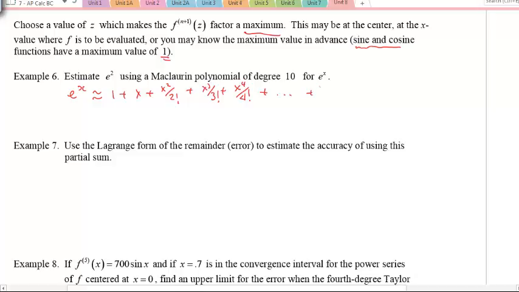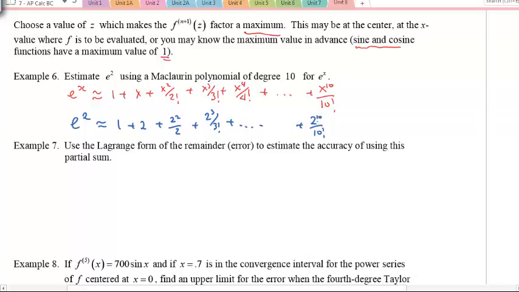Because I want degree 10, I'm going to stop at the power of 10 factorial. I'm going to use this to estimate e to the power 2. That just means x is 2. So 1 plus 2 plus 2 squared over 2 factorial plus 2 cubed over 3 factorial, plus all the way to 2 to the power 10 over 10 factorial.